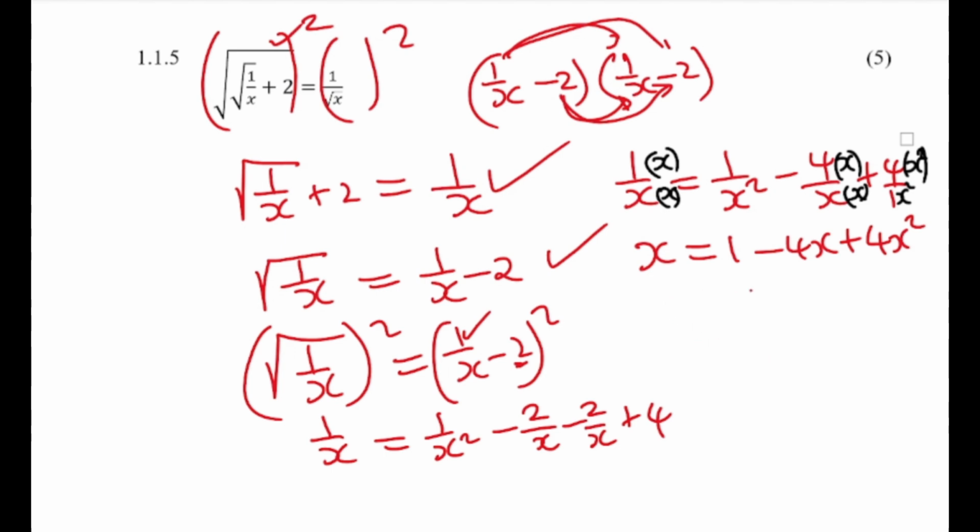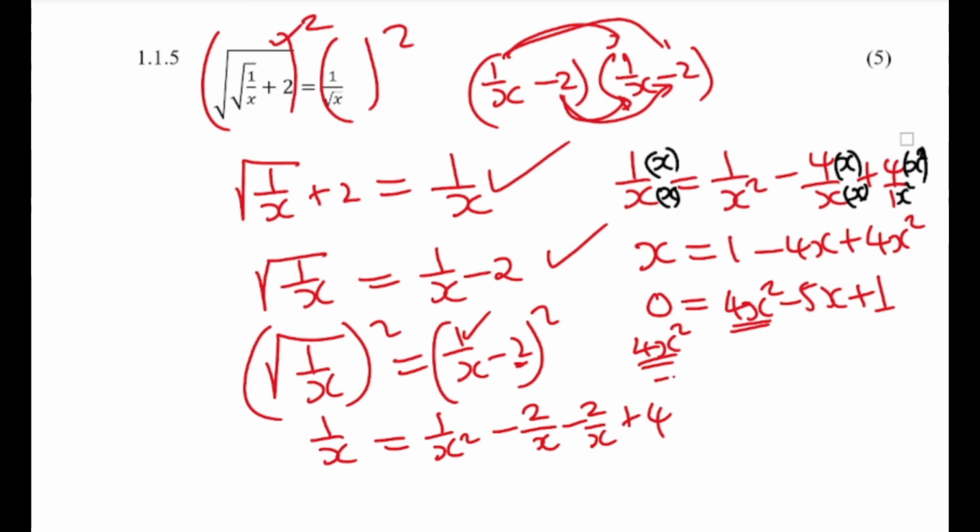Okay, and then if you write this in standard form, it's going to be 0 is equal to 4x squared minus 5x then plus 1. Okay, again, you can use the quadratic formula, but if you want, you can factorize. You can say 4x squared times 1, you get your 4x squared. And then you look for the factors of 4x squared that can give us negative 5x.